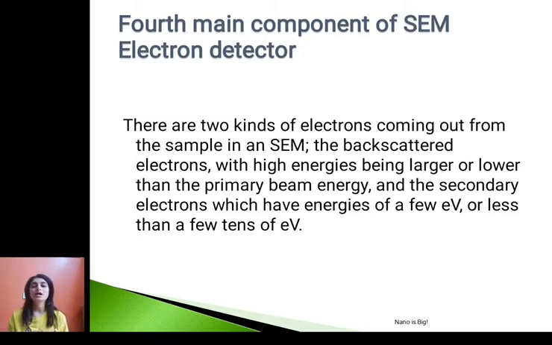Now, there are two kinds of electrons coming out from the sample in scanning electron microscope. First is the backscattered electrons. These backscattered electrons have high energy, being larger or lower than primary beam energy, and the secondary electrons have energies of the order of a few electron volts or less than a few tens of electron volts.